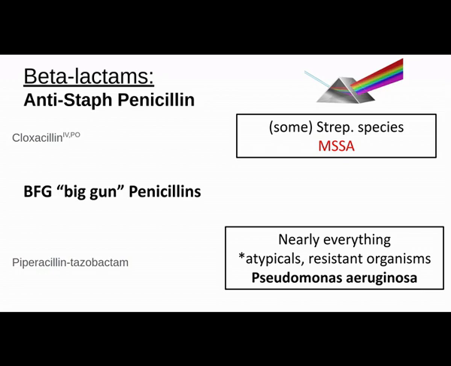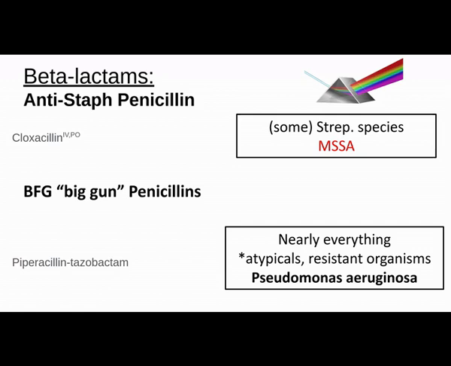Cloxacillin was developed solely for the purpose of treating MSSA. As an aside, it does happen to treat strep, but it's basically used just for MSSA. Cloxacillin, MSSA. Now, piptazo covers basically everything. I mean, in Canada, we would call this a big gun. Perhaps too big a gun, depending on the clinical context.